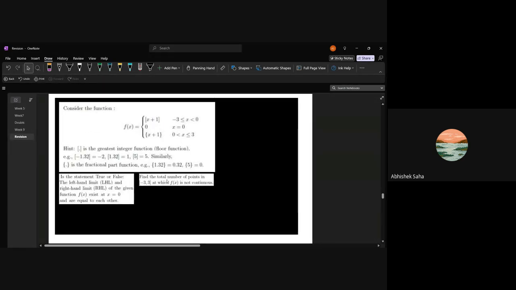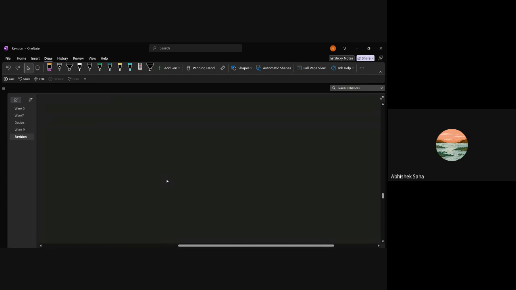Okay, sir. This question, now let's calculate the left hand limit and the right hand limit. So you know how to calculate left hand limit? LHL.